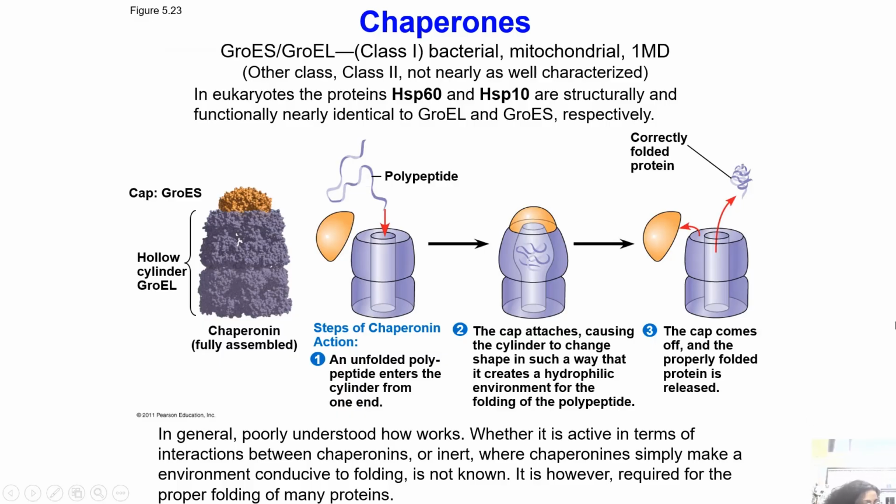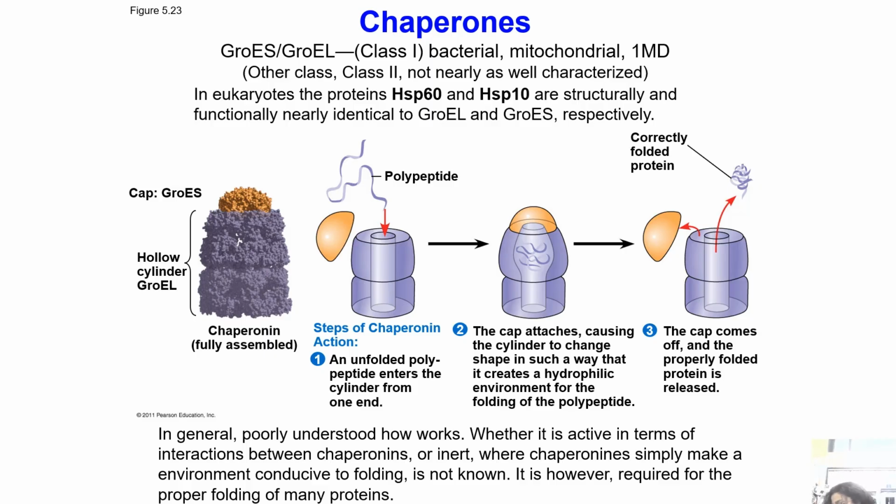So in general, it is poorly understood how it works. However, whether it is active in terms of interactions between chaperonins, or inert, where chaperonins simply make an environment conducive to folding, is not known. It is however required for the proper folding of many proteins.